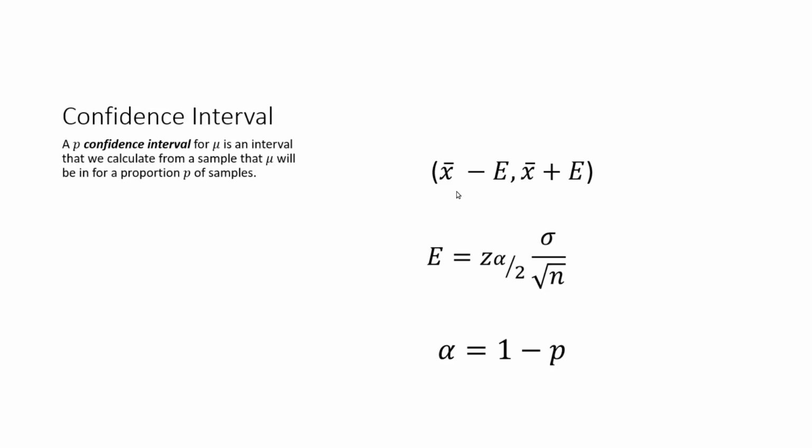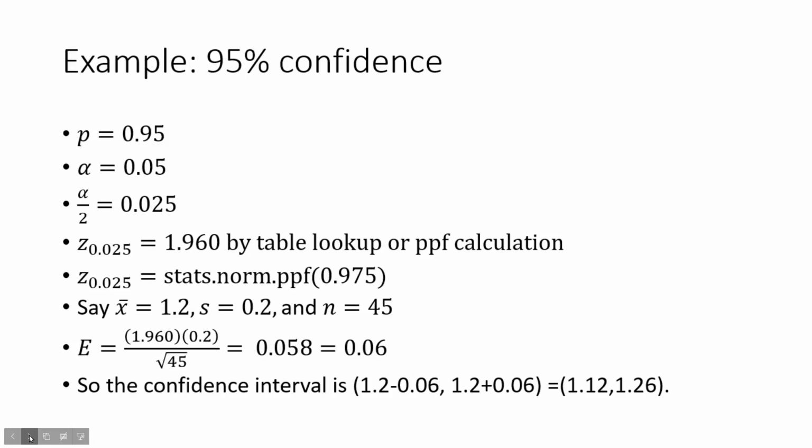And so x bar minus e to x bar plus e is our confidence interval. E is calculated by the formula that I gave you before, and alpha is calculated by 1 minus p, where p is our level of confidence.